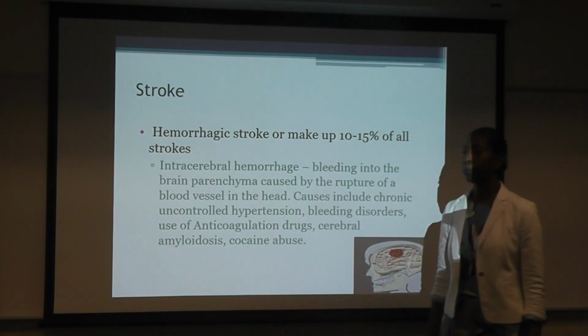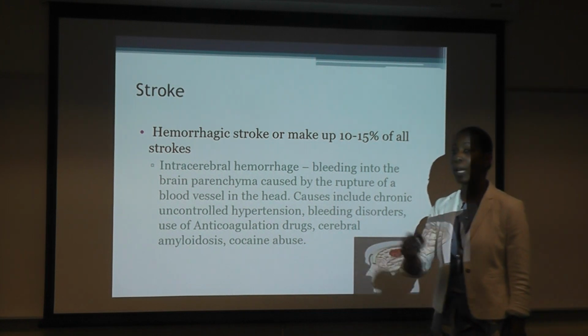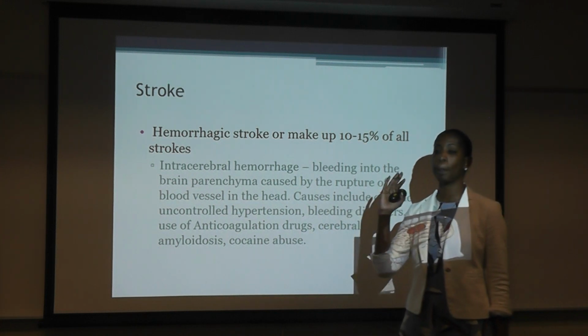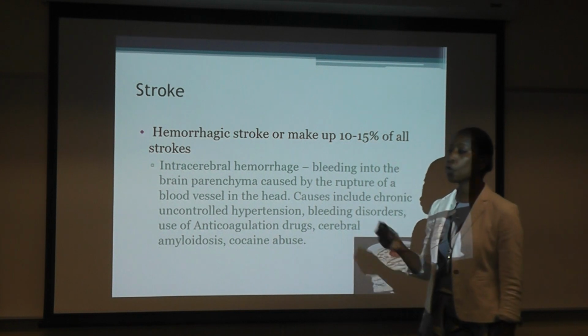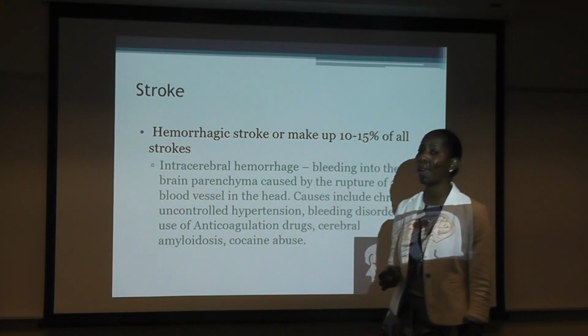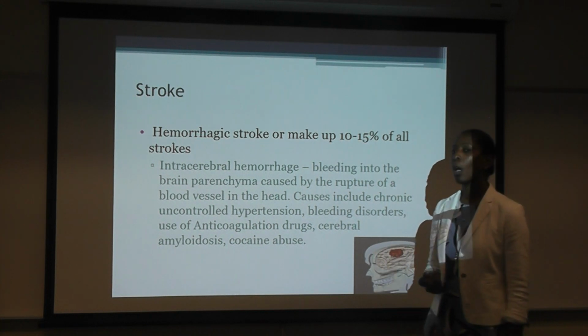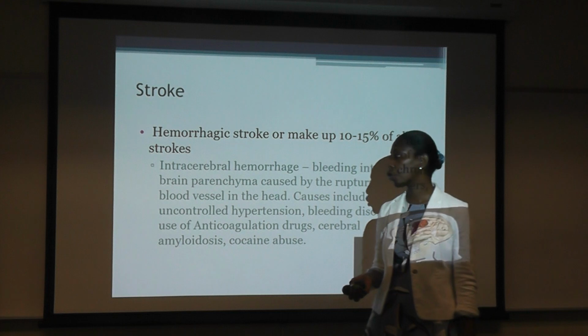Hemorrhagic strokes. Different types of hemorrhagic stroke. You have intracerebral hemorrhage, which is bleeding into the brain parenchyma, and then you have subarachnoid hemorrhage, which is bleeding into the subarachnoid space. What causes intracerebral hemorrhages? Things like hypertension due to rupture of a vessel. You can have bleeding tumors that can give you intracerebral hemorrhages.